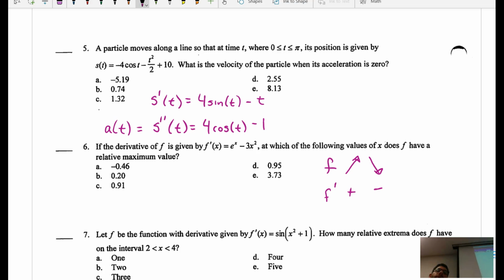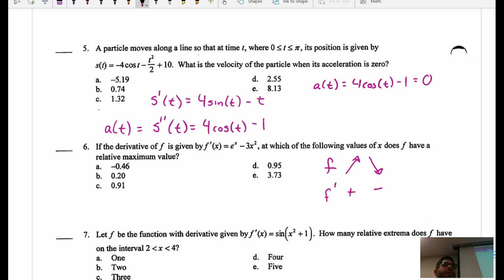And we want to find out what the velocity is when the acceleration is 0. So here's our acceleration function. What are we going to do with it? Set it equal to 0. So acceleration, 4 cosine t minus 1 equals 0.